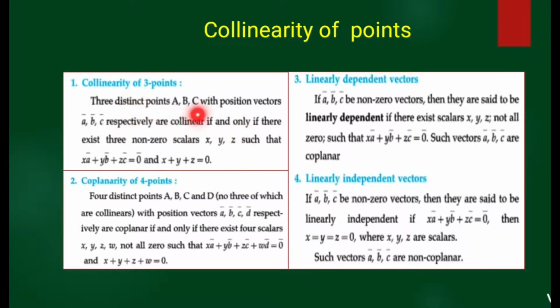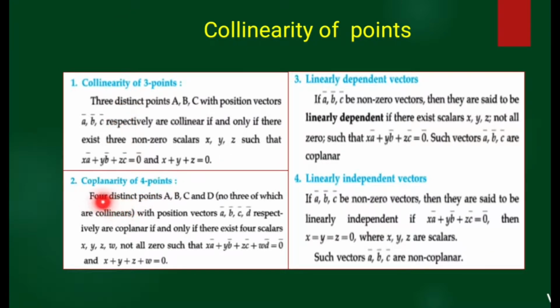When we have to show these 3 points are collinear, then there exist 3 scalars so that the 3 vectors can be written as a linear combination whose sum must be equal to 0 vector and the scalar sum equals 0. Then those 3 vectors are collinear. For that we saw the theorem in the previous part.